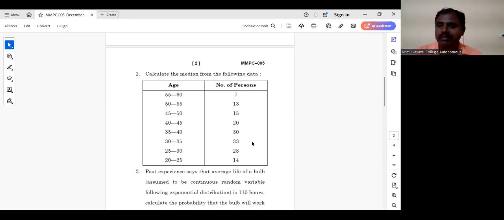I don't have the solutions with me. So if you are solving as per the proper format, it is correct, whatever answer you are getting. Anybody getting the same answer?